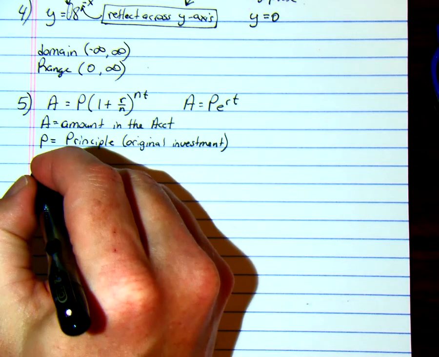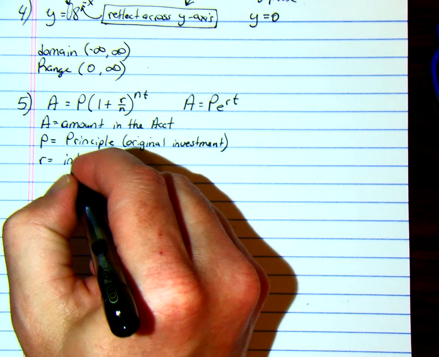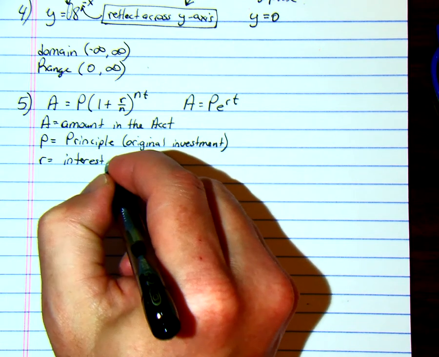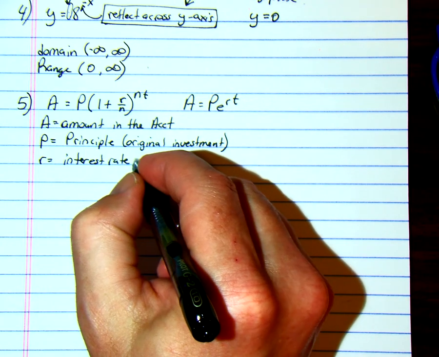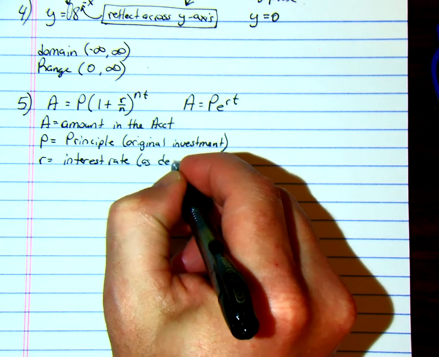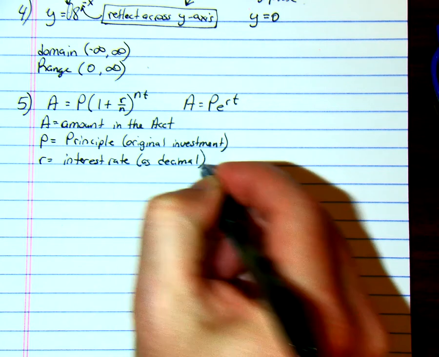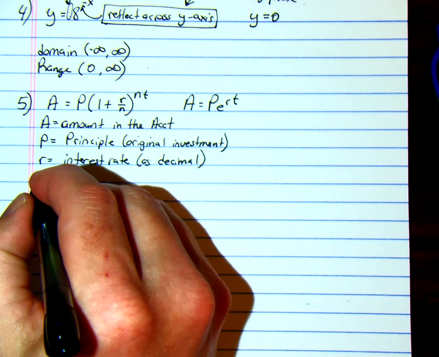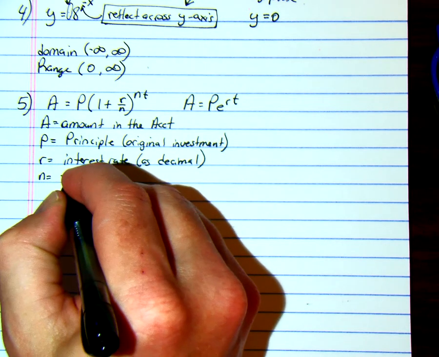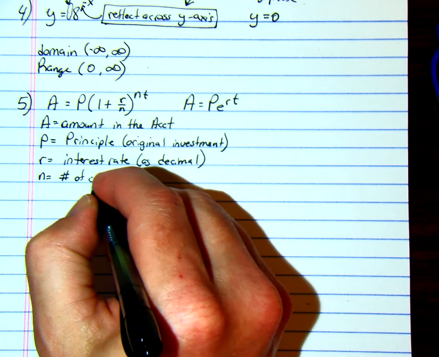What else do we got in there? We got an R, which is our interest rate as a decimal. N, number of compounds.